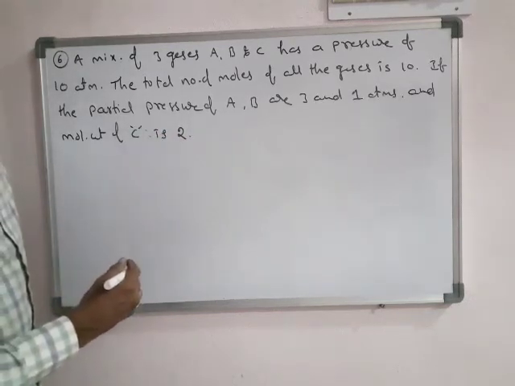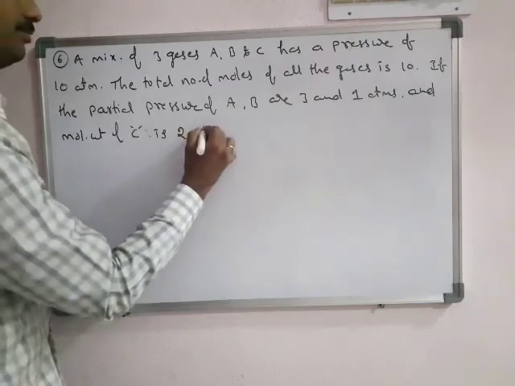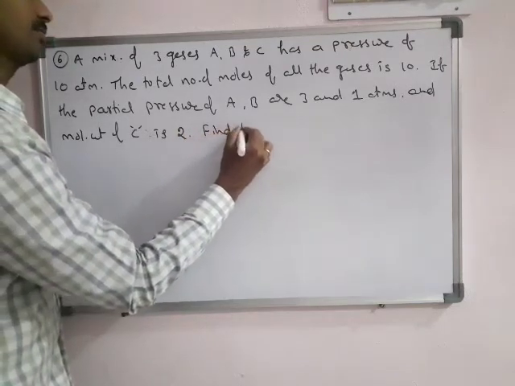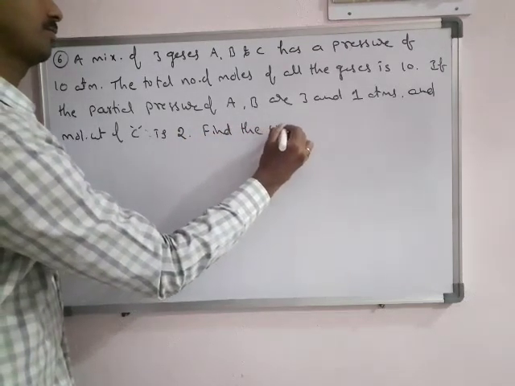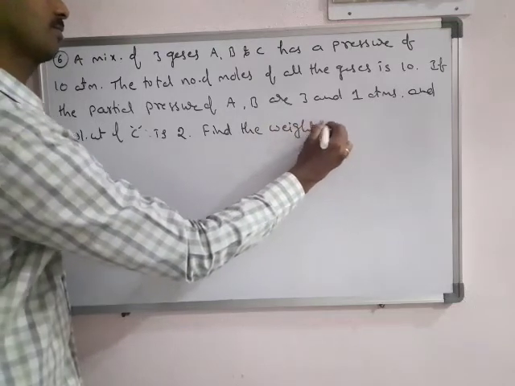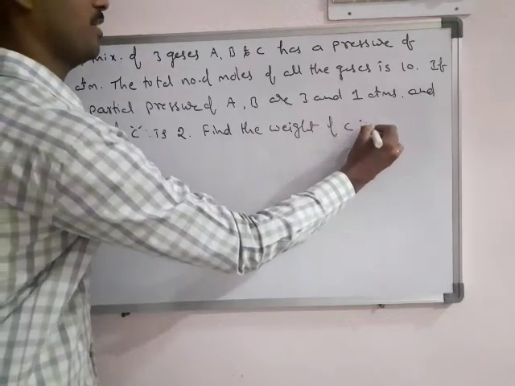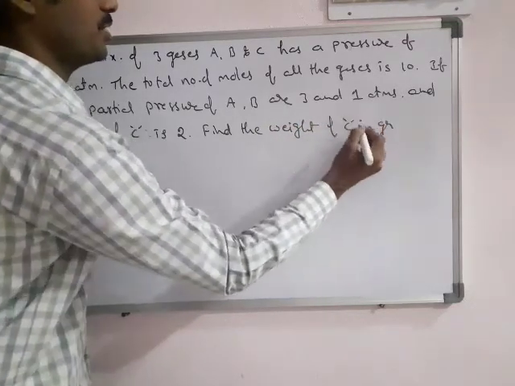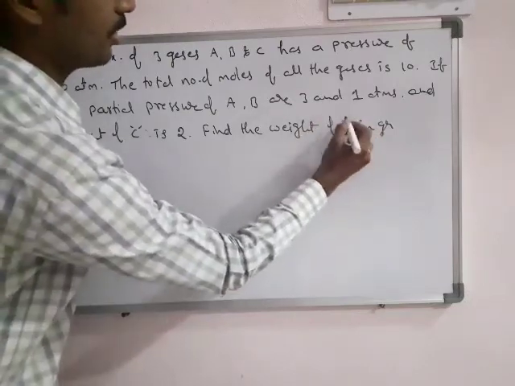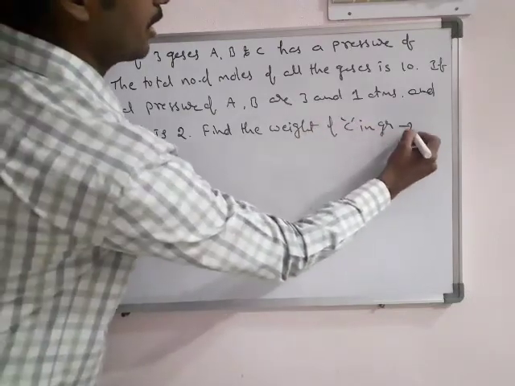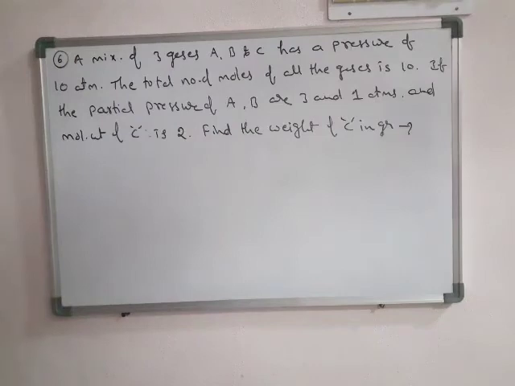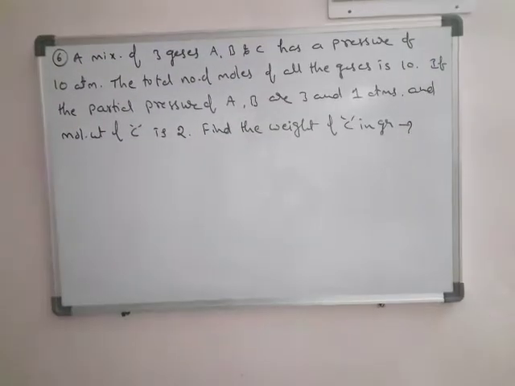Here we need to find the weight of C in grams. So generally in all these calculations we will get the weight in terms of grams only.